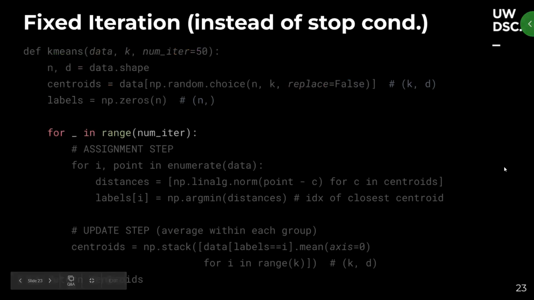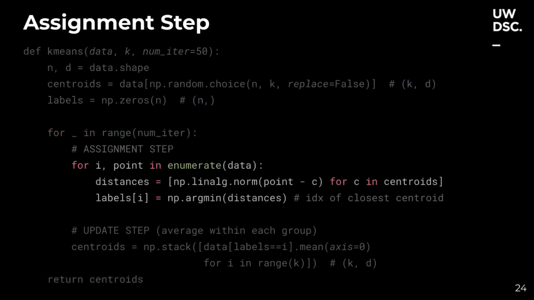Now this is step 2 from our algorithm in the previous slides. It's the assignment step. Here we're determining, for each point, which centroid is the closest to that point. We're just going to do this with a simple for loop first. We go through all the points in the data. Next we calculate the distance. The norm calculates the Euclidean distance between this point and every centroid.